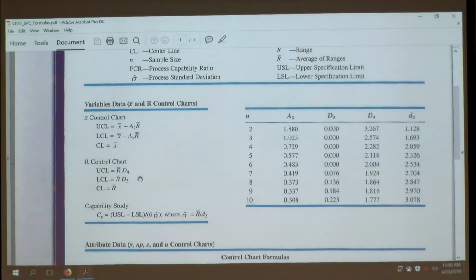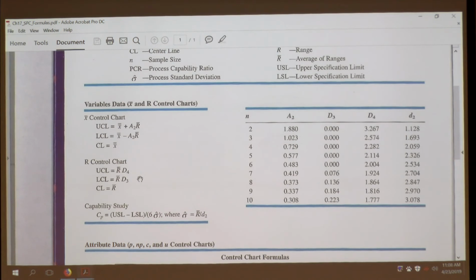And also we have the R control chart. In the R control chart, you're monitoring the range to see what is the variation of the range. Then you have D3 and D4. D3 and D4 also vary with respect to the sample size, so you take different D3 and D4.